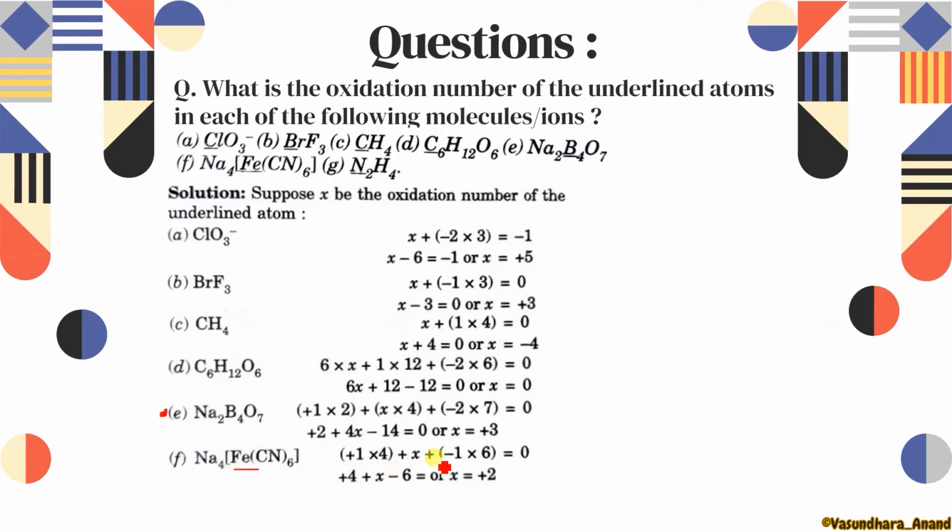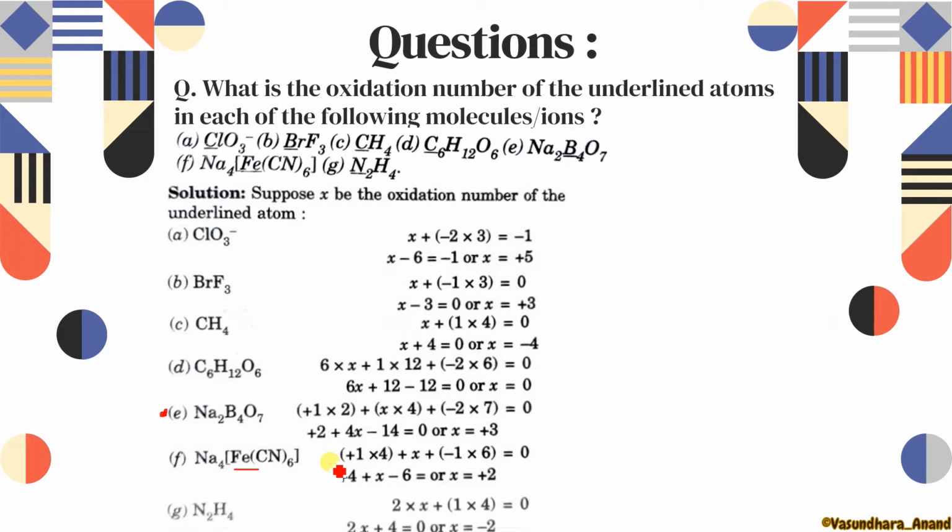Fe is X, plus CN is -1. You have done this in class 9th, 10th: CN is always -1. Just learn it; later on I will tell you why it is -1. So CN is -1 into 6, equal to 0, and if we solve this, X is equal to +2.